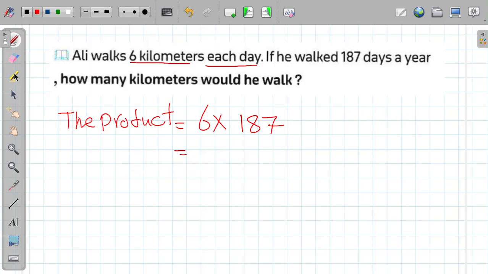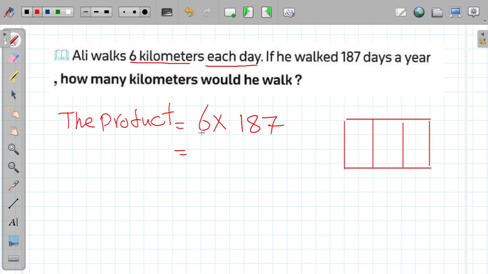So I will draw a rectangle like this, and I will cut it into 3 parts like this.